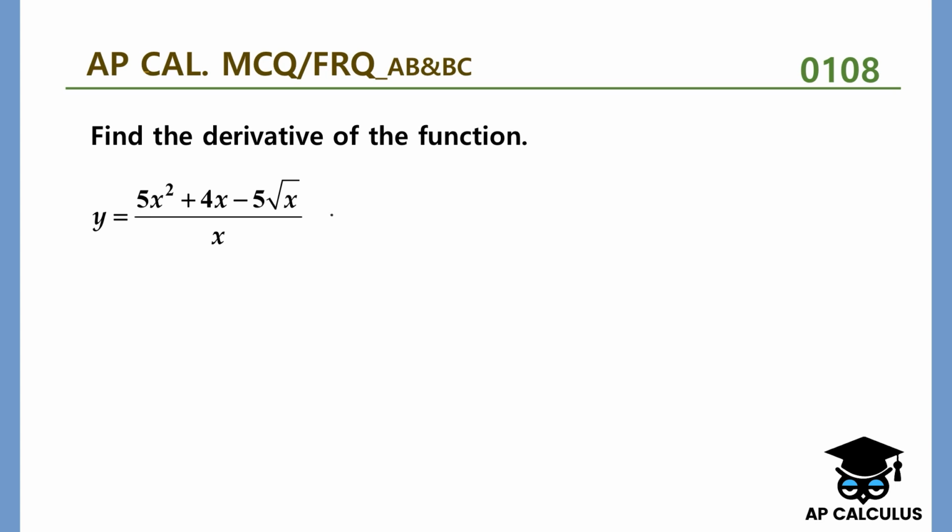This can be written as 5x squared over x, plus 4x over x, minus 5 square root of x over x, right? So this is 5x plus 4.